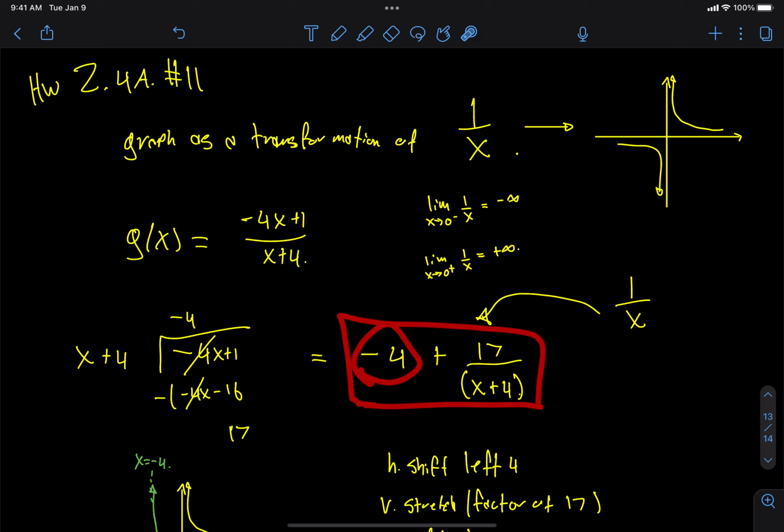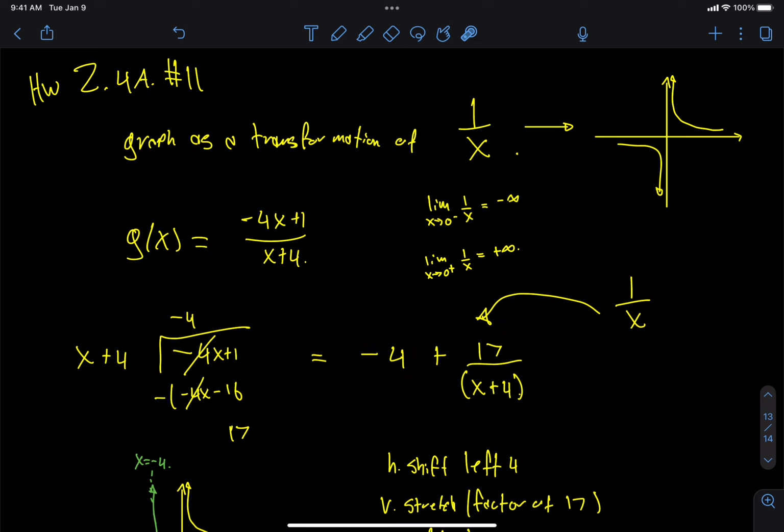Okay, good. So Sully got it exactly right. It's the one on the outside of the parentheses. So it's a little confusing because you're used to seeing a vertical shift like on the back. But you could rewrite this whole equation as 17 over x plus 4 minus 4, like that.